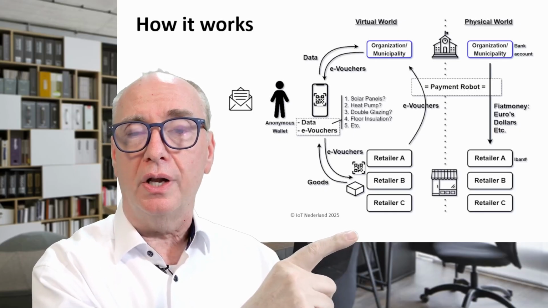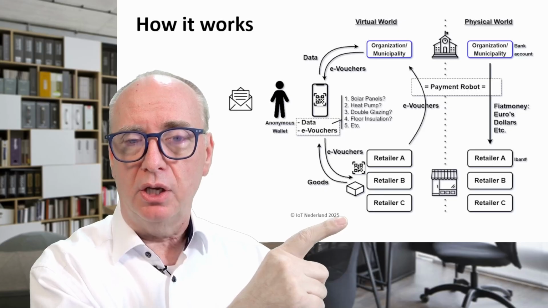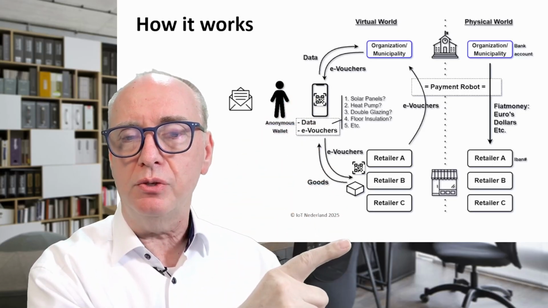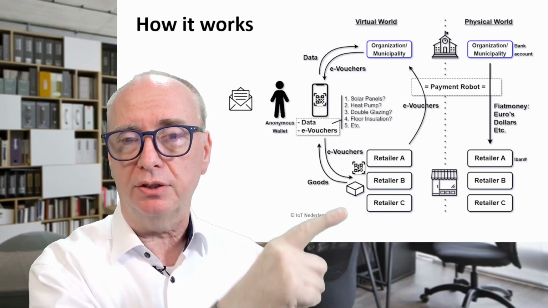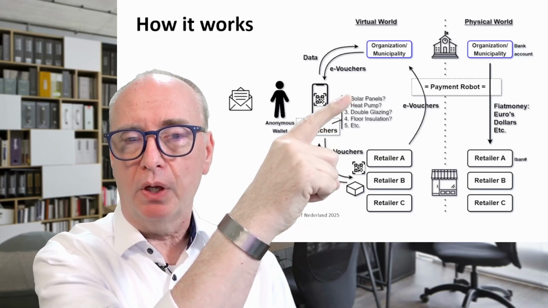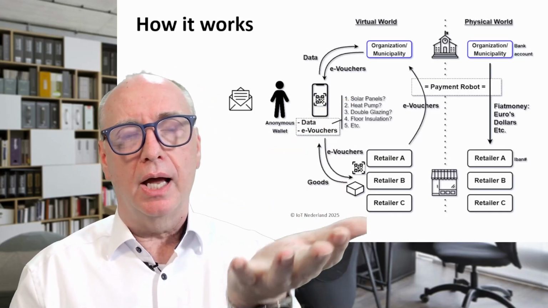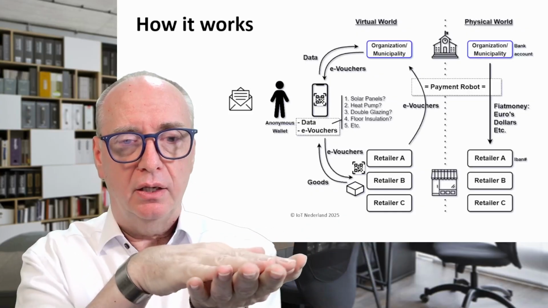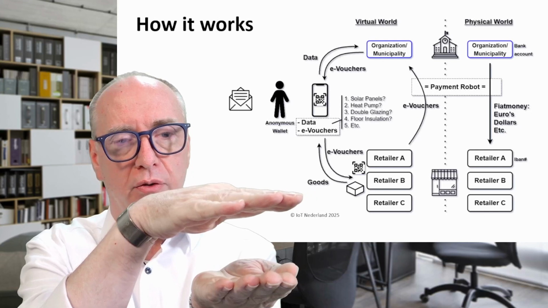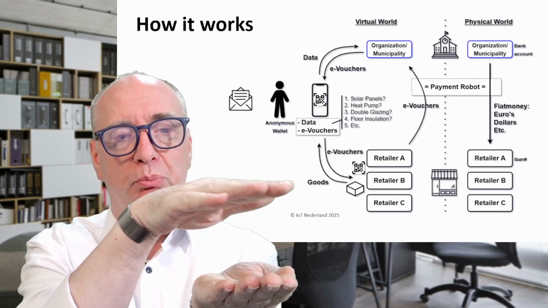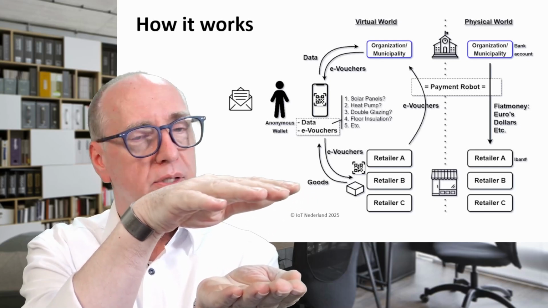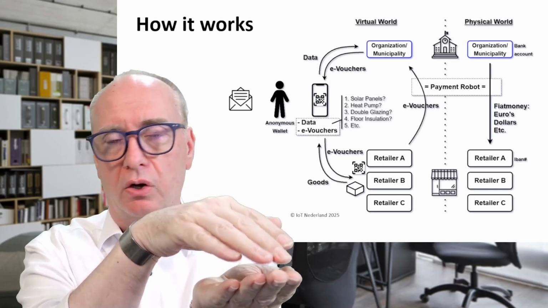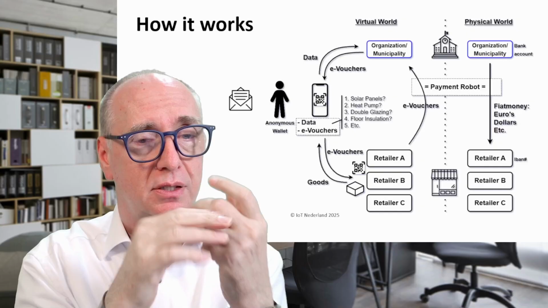So on the left side of this schematic, you see virtual money, and on the right side you see real money, and they are connected by that payment robot, right? Because we cannot program conventional real money. We put a layer on top of it which enforces the rules, but payment, settlement, is always in fiat money, in euros, in dollars, in kwacha, in yen, in reals, whatever.